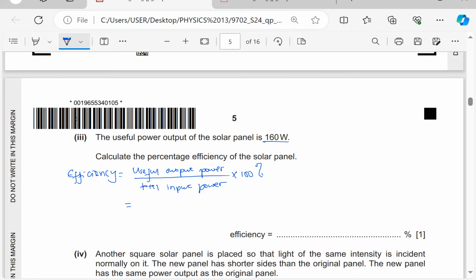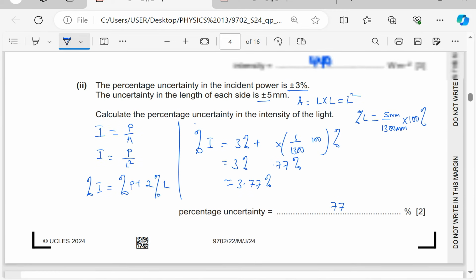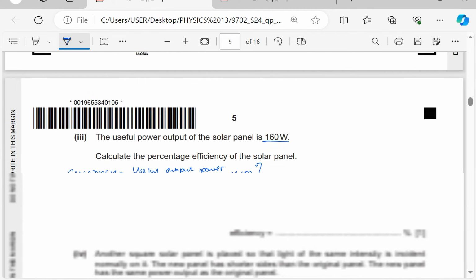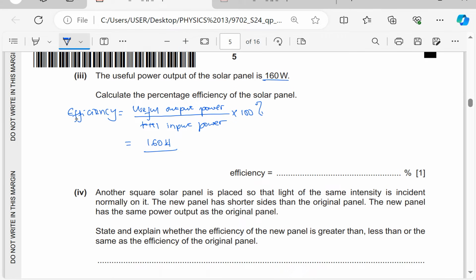So this efficiency is going to be, the output is 160 watts. Then the input, I think it was 750. So this is 750 watts. Then I multiply this by 100 to make it a percentage.